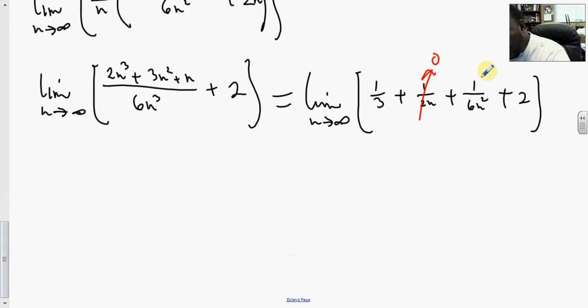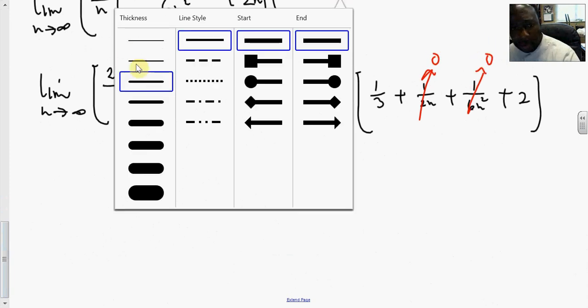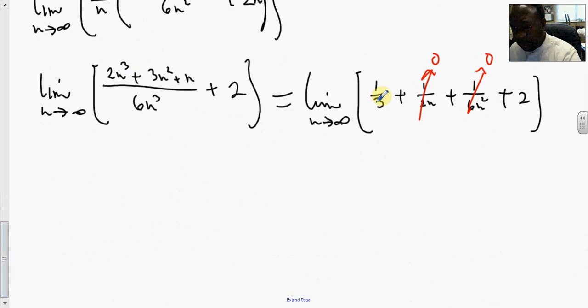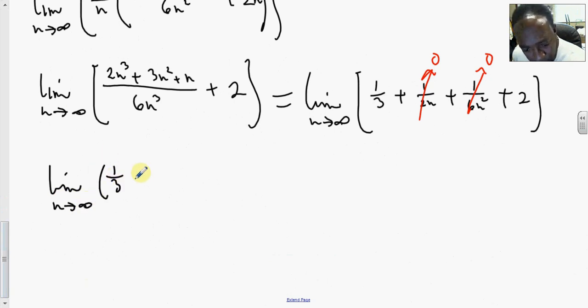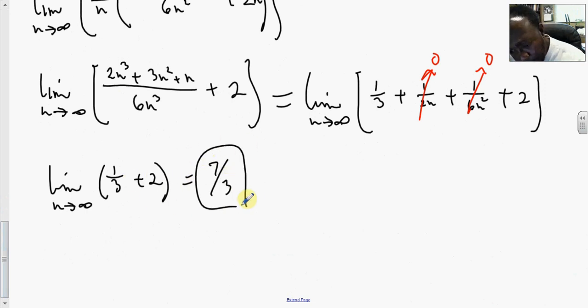This limit is 0. This part is 0. We have left the limit of 1/3 plus 2. It just gives us 7/3. That's it. Thank you.